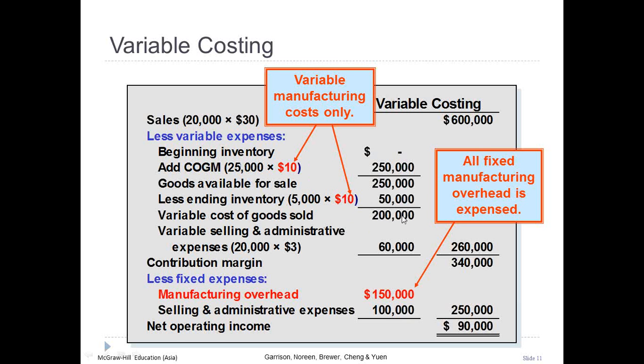So our variable cost of goods will be $200,000. Variable selling and administrative expenses will be $60,000. Total variable expenses, $260,000. Subtract that from the $600,000 in sales, and it gives you a contribution margin of $340,000. Now, take away the fixed expenses.